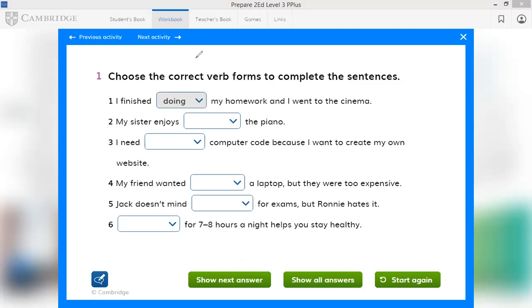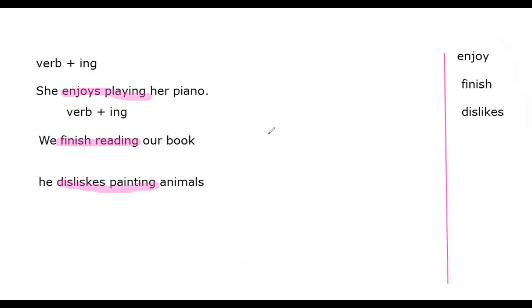Guys, right here is my example. She enjoys playing. We finish reading. Okay, I already wrote it. I didn't pay attention to the exercise, but right there are 2 answers which had to be correct with you. Okay, let me return.